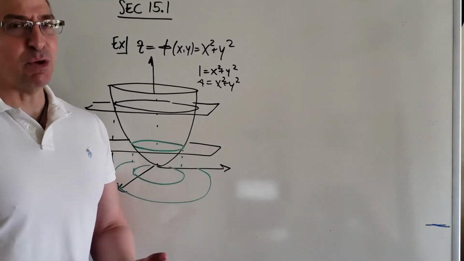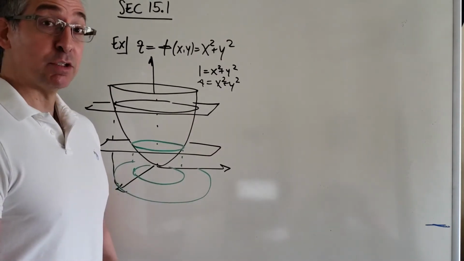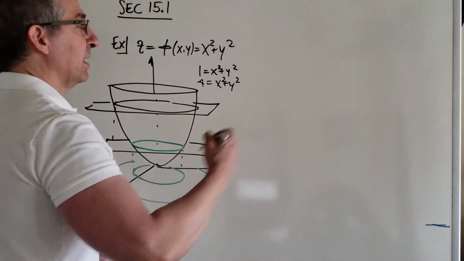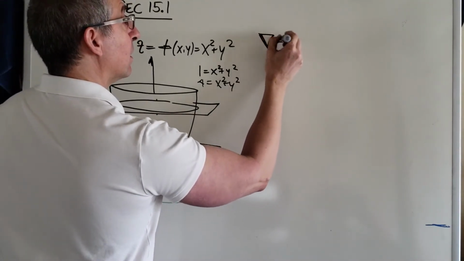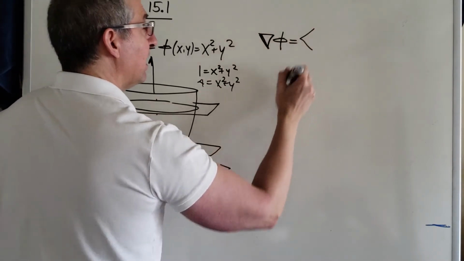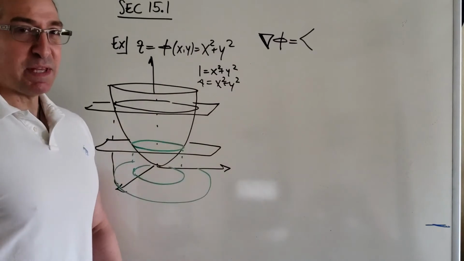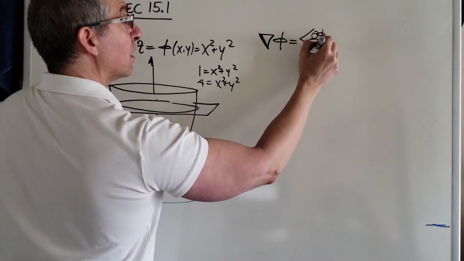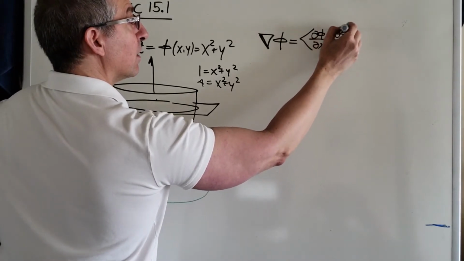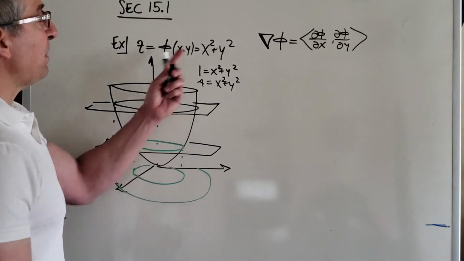Now, here's something else that we did in chapter 13. This was when we were talking about directional derivatives, okay? Find the gradient of the function. Find the gradient. Remember what that was? Okay, so what would that be in this case?